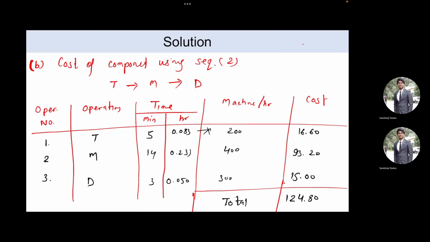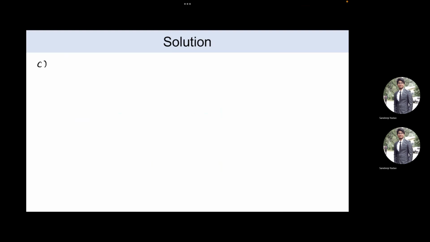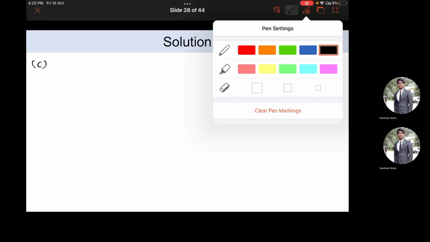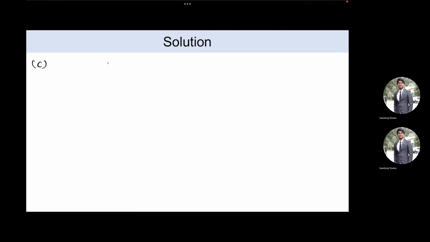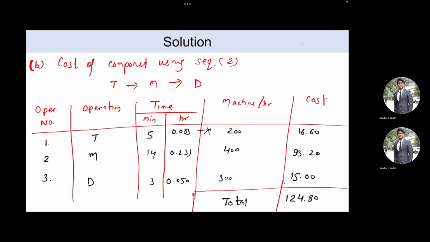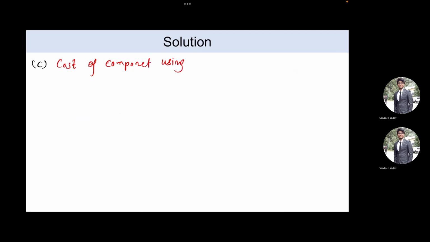Now, finally, the third option that we have available is the cost of the component using process sequence 3. Here we have only the CNC operation.